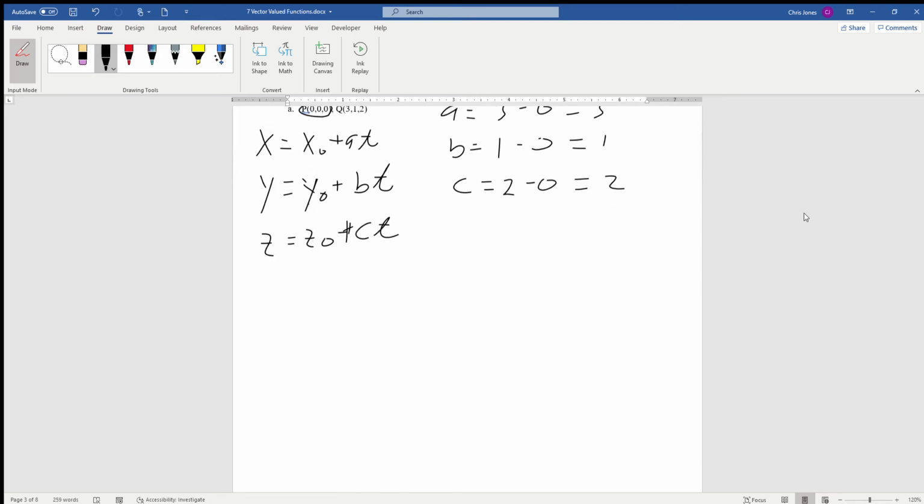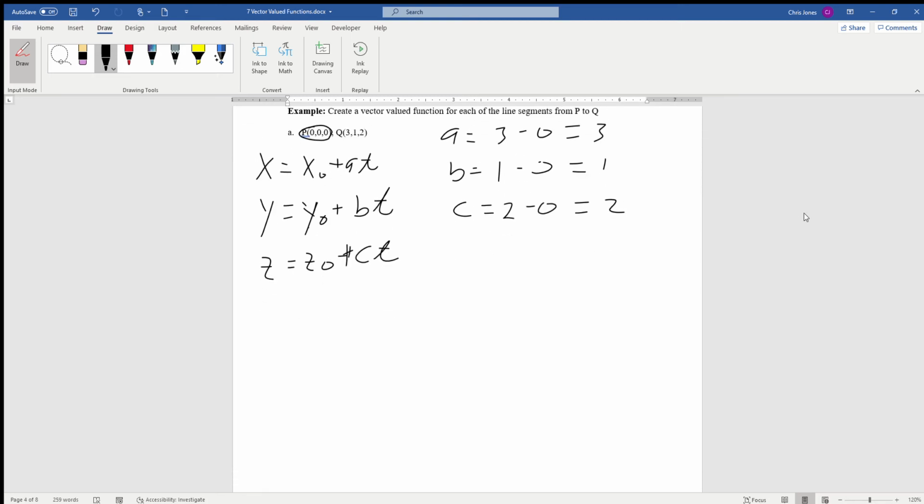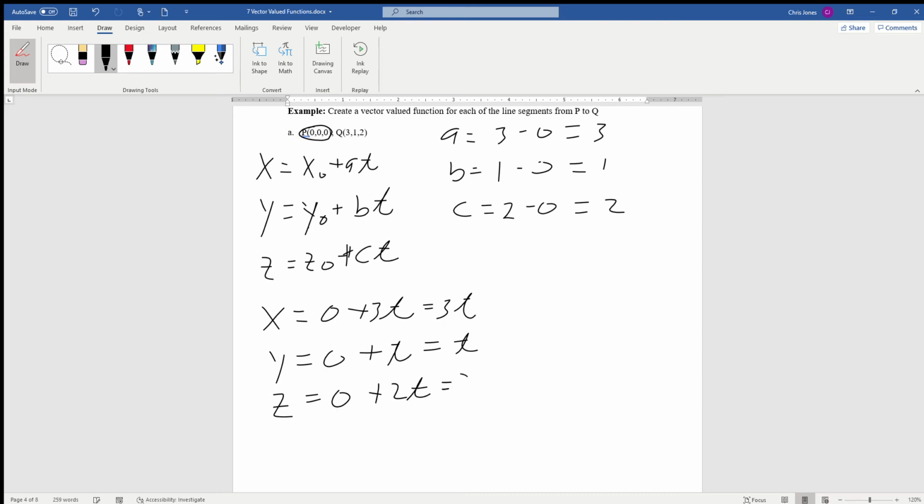If I were to throw these back into our parametric equations, we're going to get that x is equal to 0 plus 3t, or just 3t. y is 0 plus 1t, or just t, and then finally z is going to be equal to 0 plus 2t, or 2t.